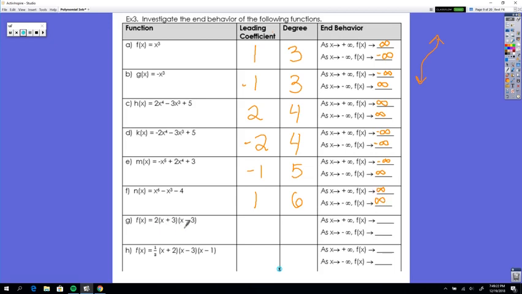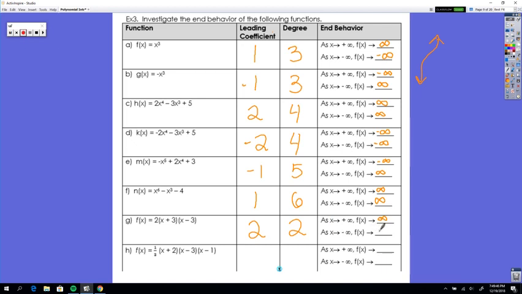For this one, this is an intercept form, but we understand this is a quadratic function, especially since we just finished our quadratic unit. So we know that since there are two x's multiplying together here, our degree is going to be 2. And because of this 2 out front, our leading coefficient is going to be 2, which makes as x approaches positive infinity, f of x approaches positive infinity.